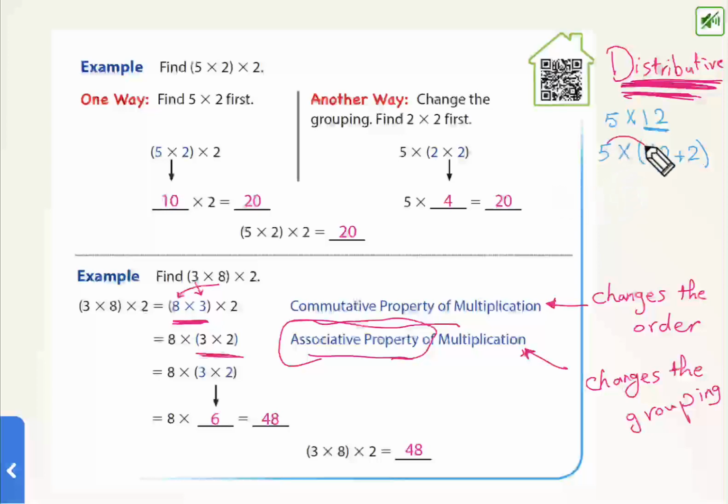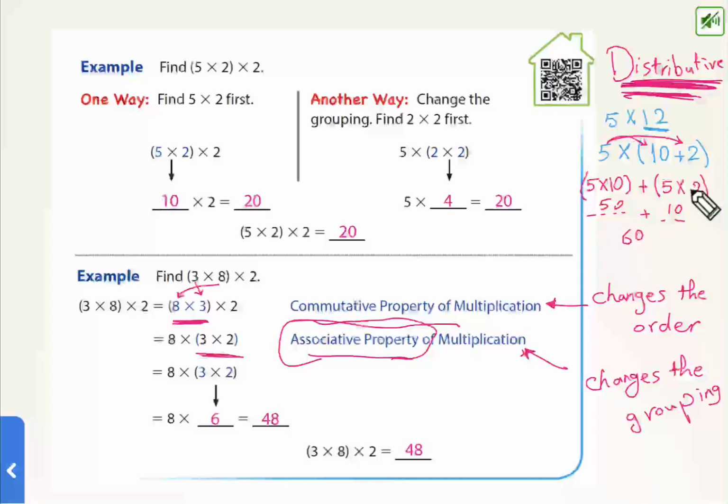We multiply 5 by the first and multiply 5 by the second number. So it's 5 multiplied by 10 plus 5 multiplied by 2. And then we can find 5 times 10, it's 50. And 5 times 2, it's 10. So the answer should be 60.